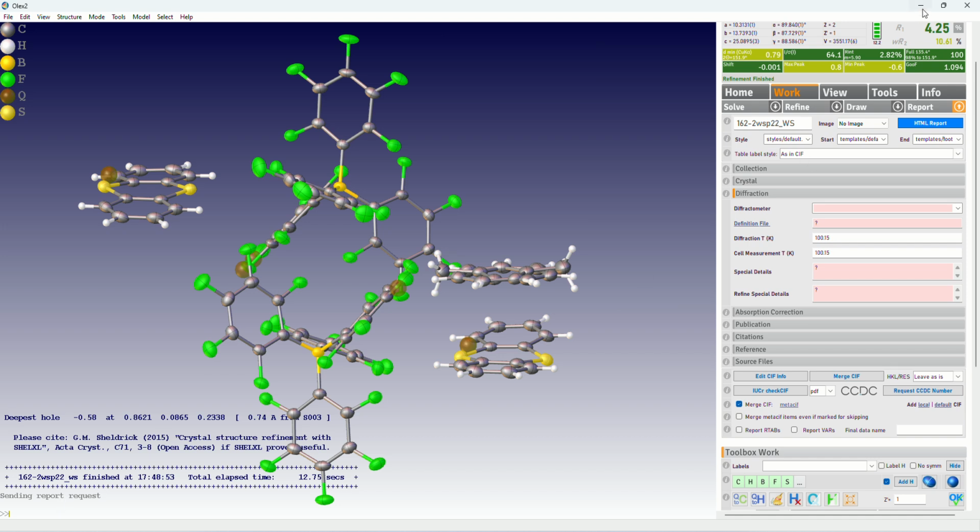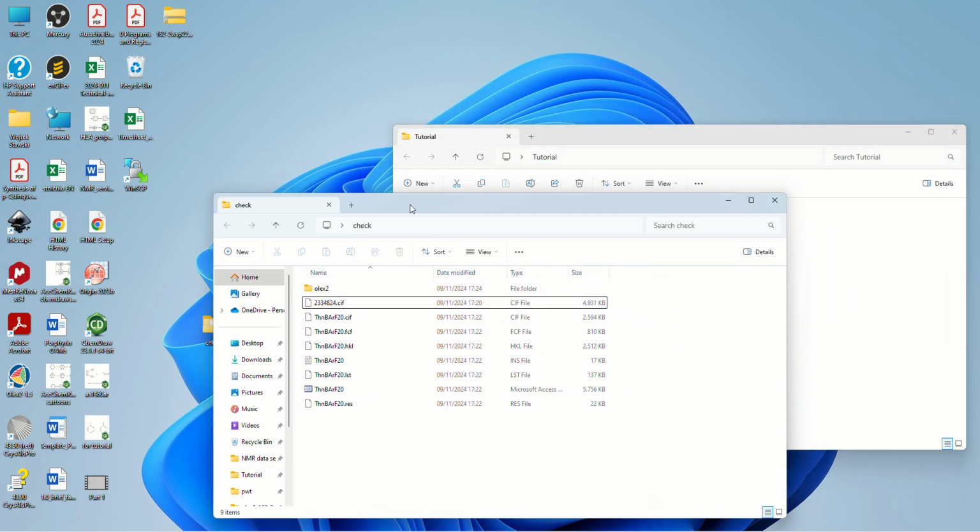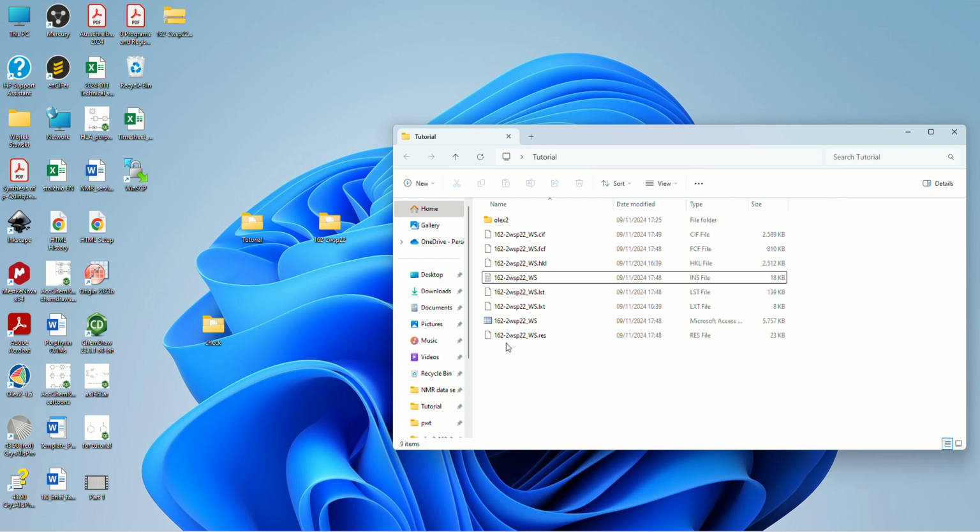Maybe in the meantime, I will just show you the packing of these molecules in the solid state, because I think it's kind of interesting. I will open it in Mercury.